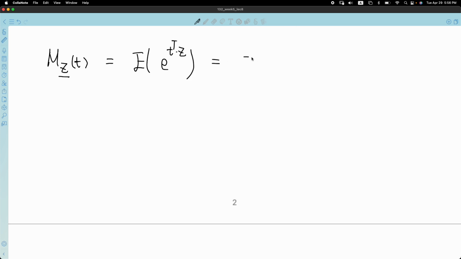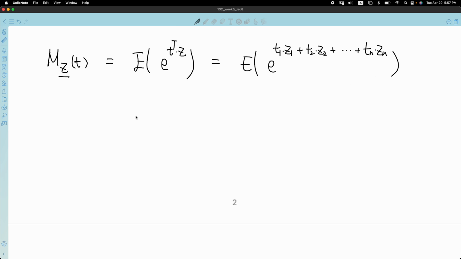And then I'm going to write it as the expectation of e raised to the power of t1 multiplied by z1 plus t2 multiplied by z2 plus all the way to tn multiplied by zn. That is just the definition of the inner product, the summation for i from 1 to n, which I just write out explicitly.